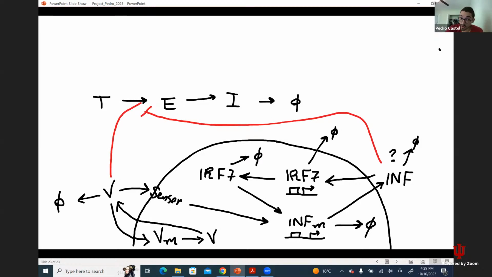And the interferon could, for example, inhibit the transition between the target cells to eclipse cells, because the cells, when they sense a lot of interferon, they have a lot of interferon activity, they basically shut down the receptors to virus. That's what I've read in a paper. So it's like the cell closing doors and windows.